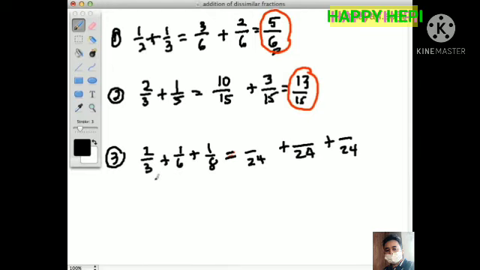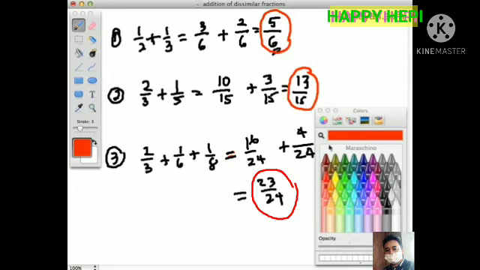Okay, for the first fraction, 24 divided by 3, that is 8, times 2 is 16. Okay, for the second fraction, 24 divided by 6, that is 4, times 1 is 4. Last fraction, we have 24 divided by 8 is 3, times 1 is 3. Okay, so our final answer is 23 over 24.